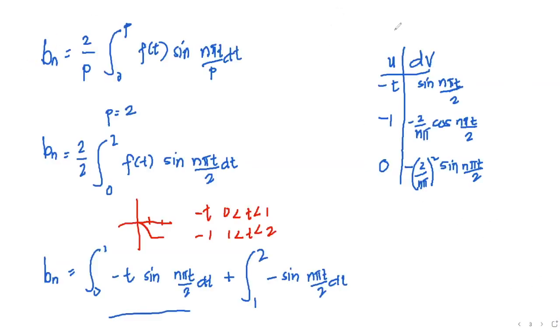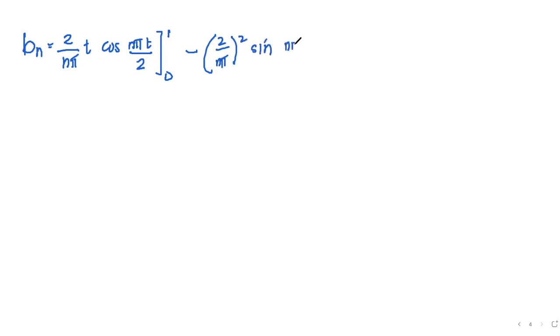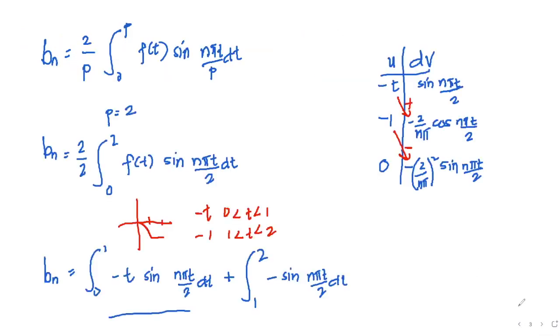So the answer to the first term of our b sub n, going back here, is negative t times negative 2 over n pi, and that is positive: 2 over n pi times t cosine of n pi t over 2 with limits from 0 to 1, minus 2 over n pi squared times sine of n pi t over 2 with limits from 0 to 1. This is the result for integrating the first term.